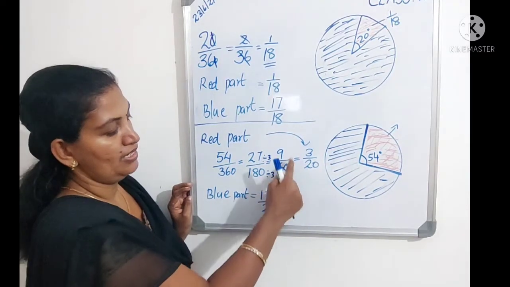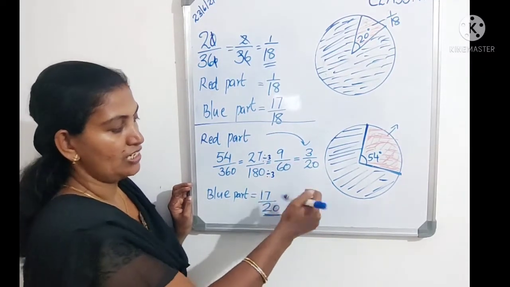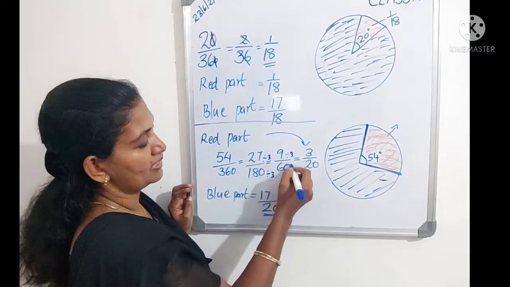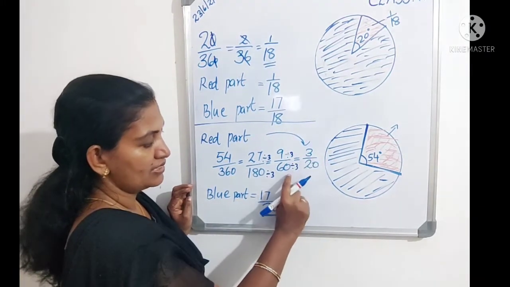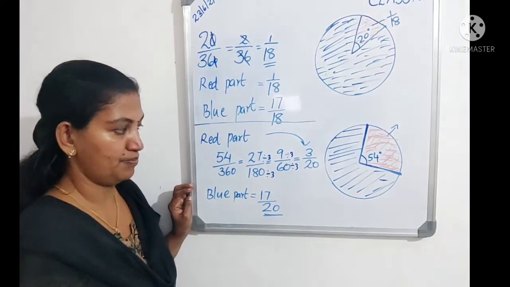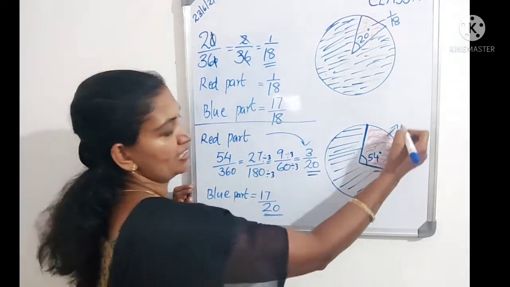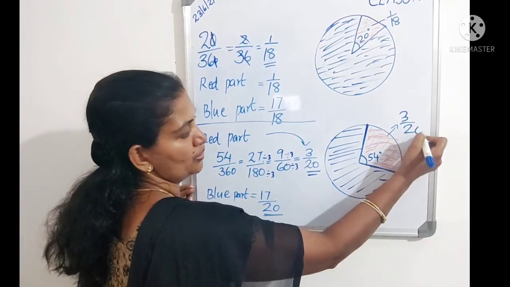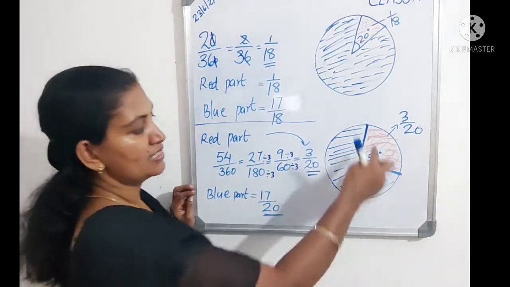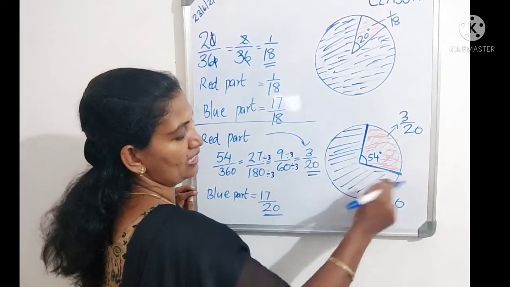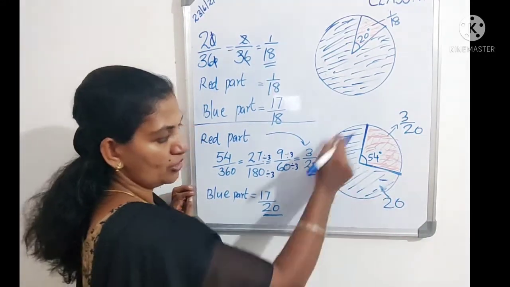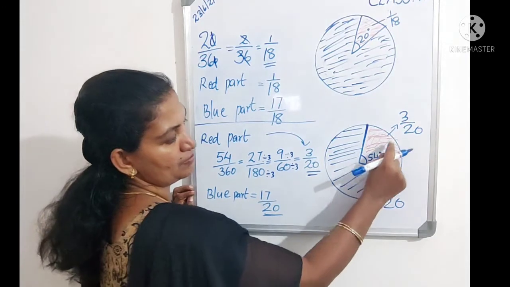Next, again we have to write in the least form. Also 9 divided by 3, 60 divided by 3. That is 9 divided by 3 is 3, 60 divided by 3 is 20. Okay. Now we got the fraction. This is 3 by 20. That means what? This total circle is divided into 20 equal parts. So 3 parts is this region.